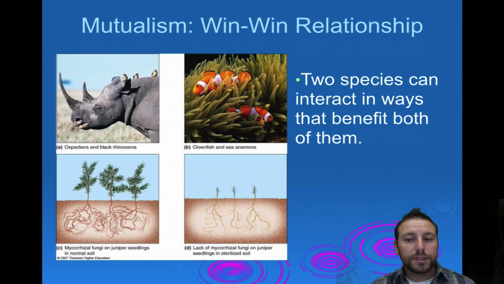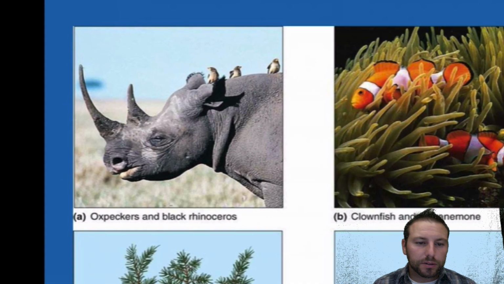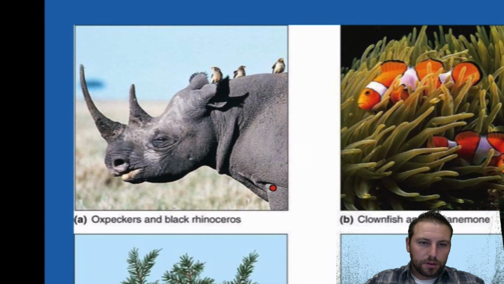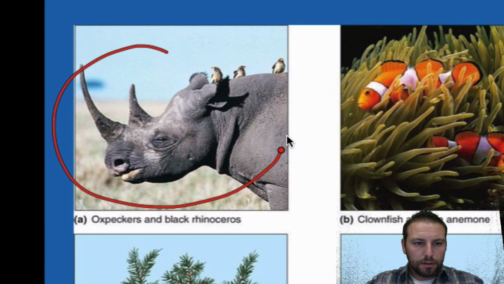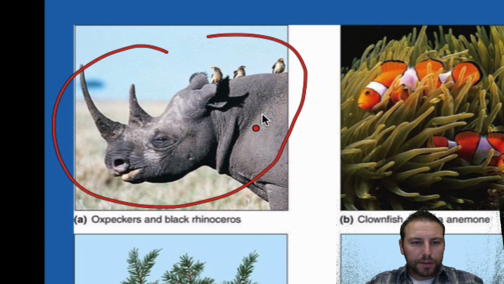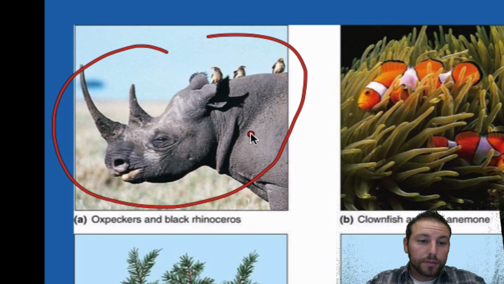So here are some mutualistic relationships. The oxpeckers and the black rhinoceros right here. Basically, the rhinoceros provides a place for them to hang out. Also, they'll come along and pick any insects that may be on it, so that's food for them, and it helps keep that rhinoceros clean.